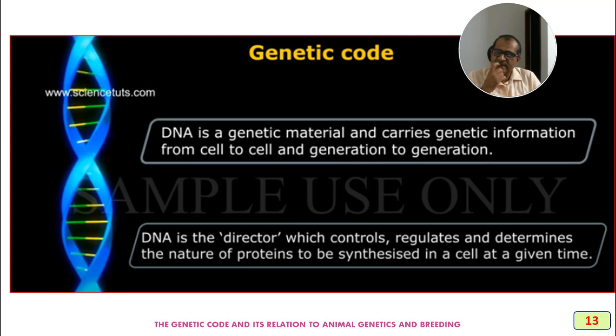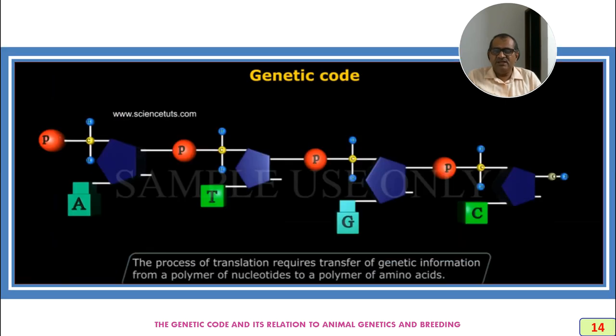Just like this thing, the DNA is the director of the genetics, or the inheritance, or the life itself, what we can say. Then genetic code usually consists of a process of translation, meaning change, which requires transfer of genetic information from a polymer of nucleotides to a polymer of amino acids.